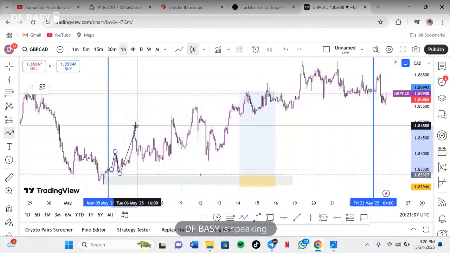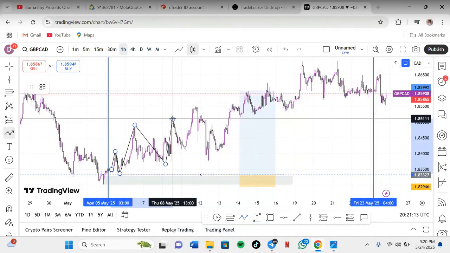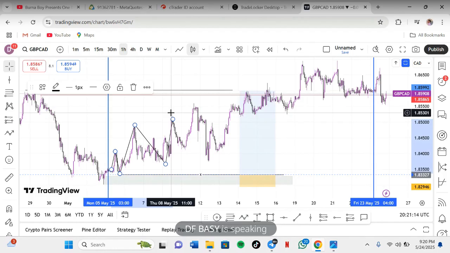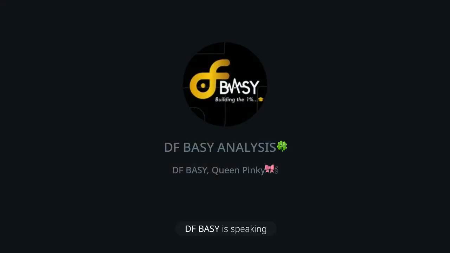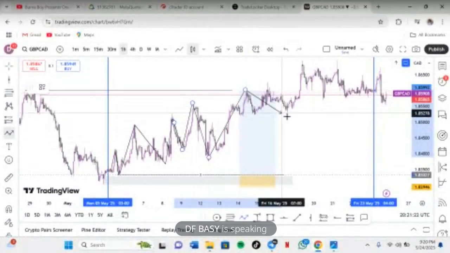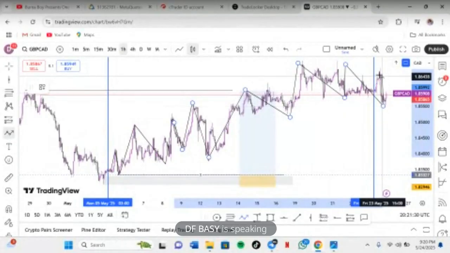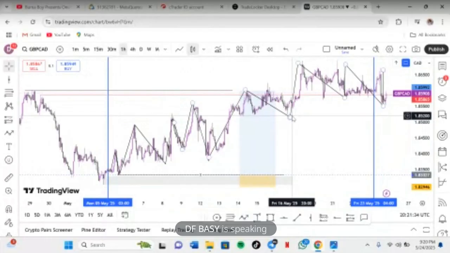Higher lows, higher highs, higher lows, higher highs, higher lows, higher highs, and then a market shift. There was a shift in market structure here, then breaking down, though I think the market will still continue to the upside. So this is an example of a bullish market.